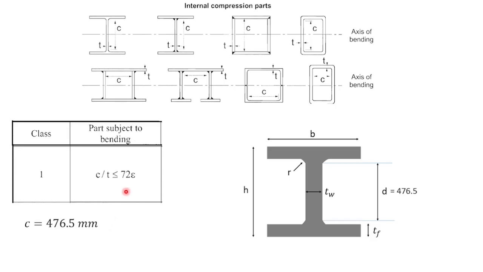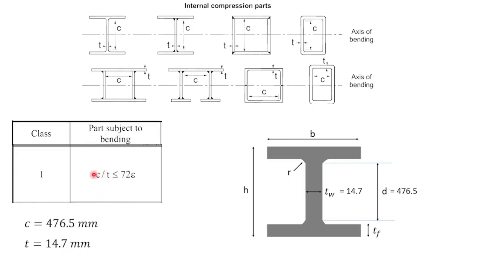Then we have to find this t. In this figure you can see t is the thickness of the web. The thickness of the web we also found before. This is the thickness of web, tw. tw is equal to 14.7 millimeters. So now I know tw, which means this t. I can write t equals 14.7 millimeters.